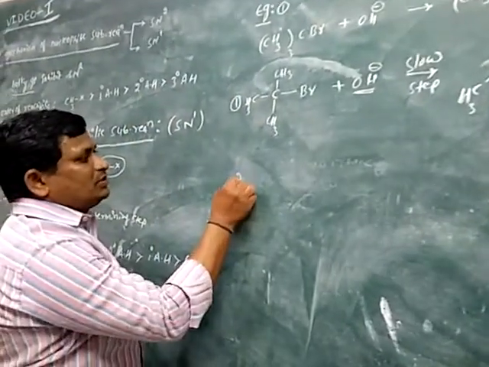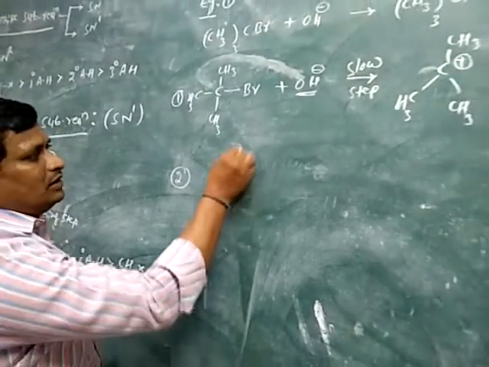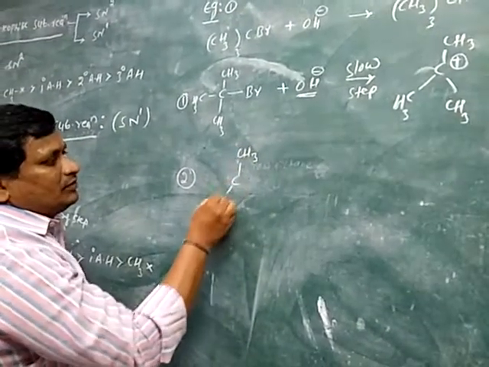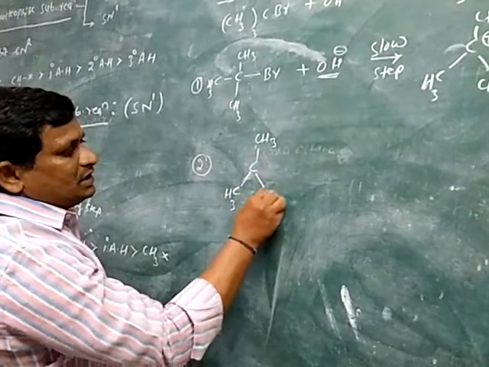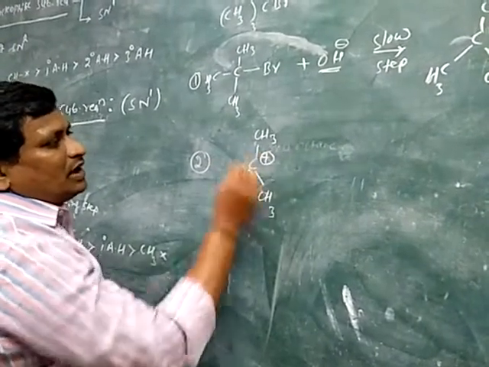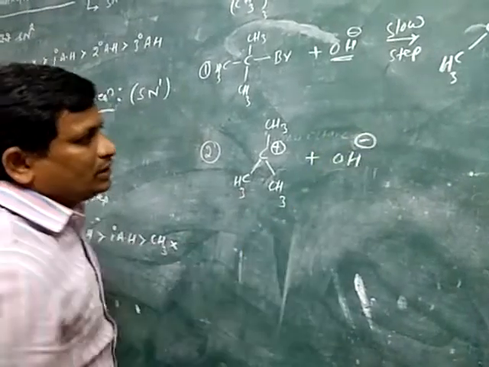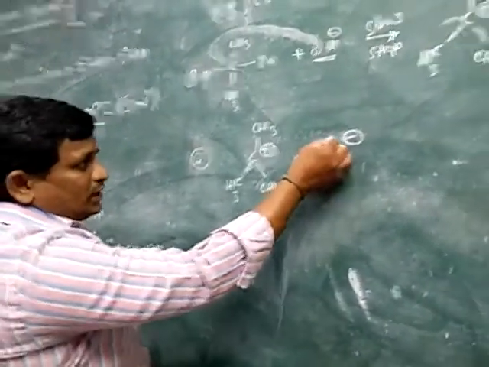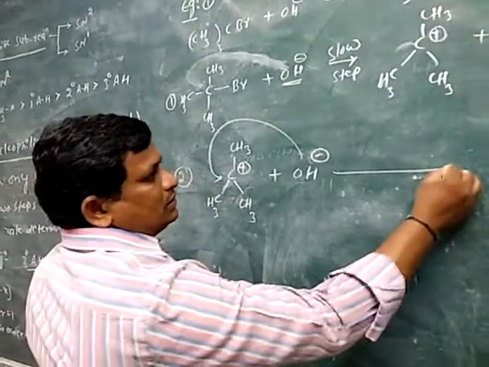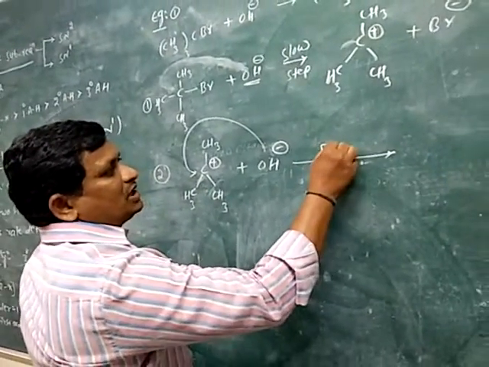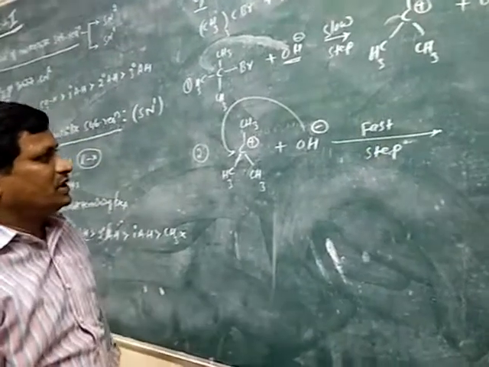In the second step, the obtained carbocation, (CH3)3C positive, reacts with the nucleophile. The nucleophile attacks the backside of the carbon. This is the fast step.